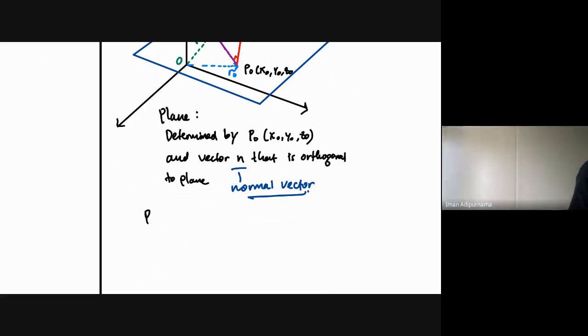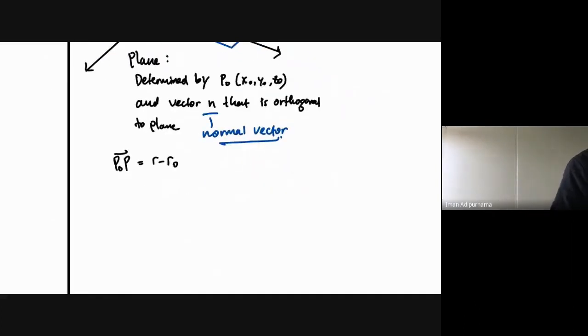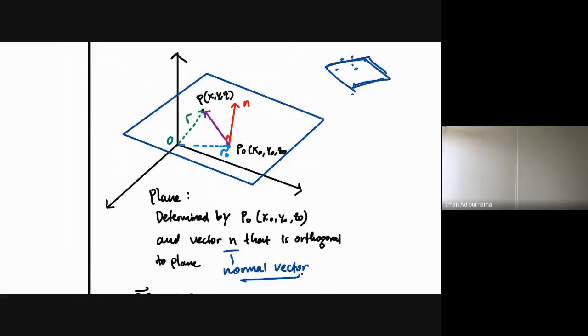And see that P0P is R minus R0. So what it means is we can define a plane if we have a normal vector that is orthogonal to every point on the plane.